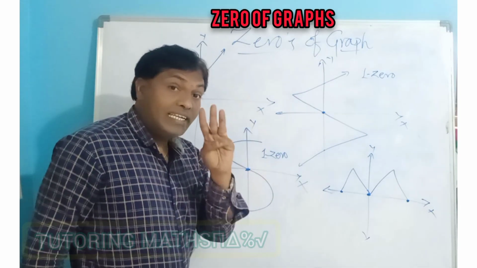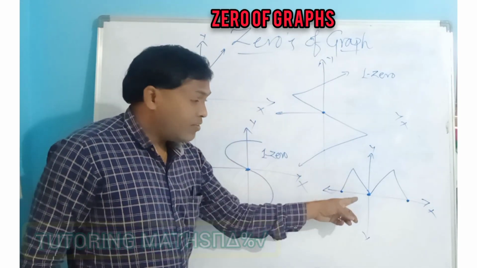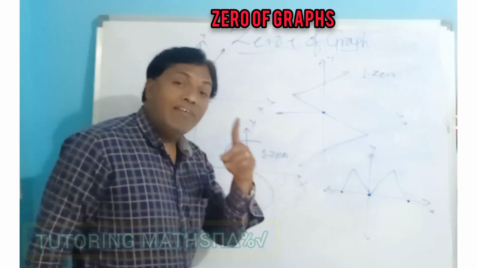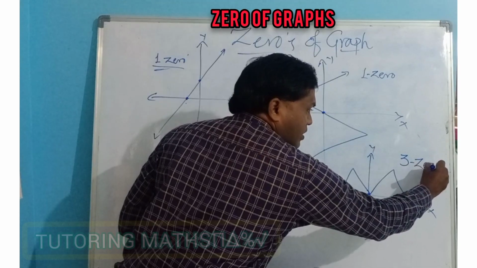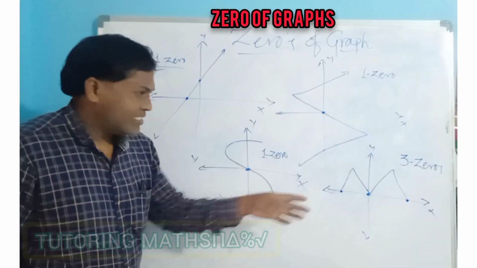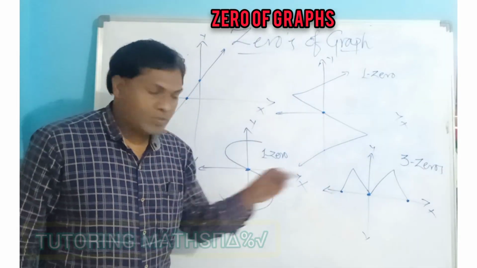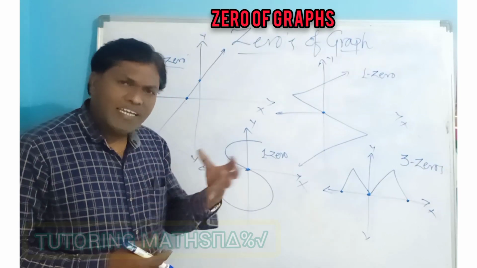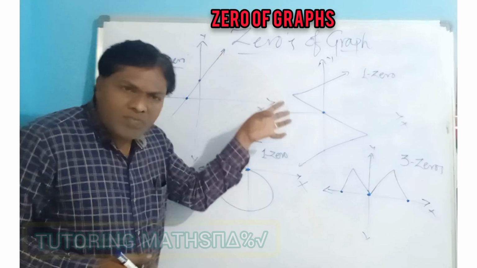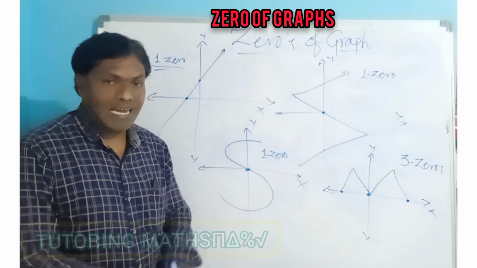It is intersecting at 3 places. Therefore, this graph is having 3 zeros. How many zeros? 3 zeros. This graph is having 3 zeros. So like this, we can find the number of zeros of the graph even for graph also.